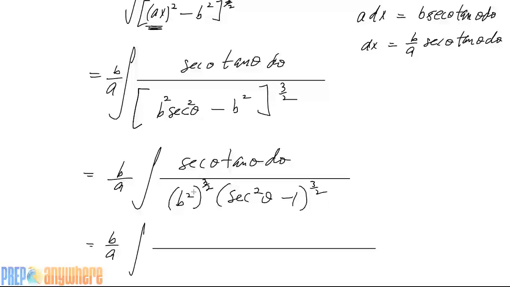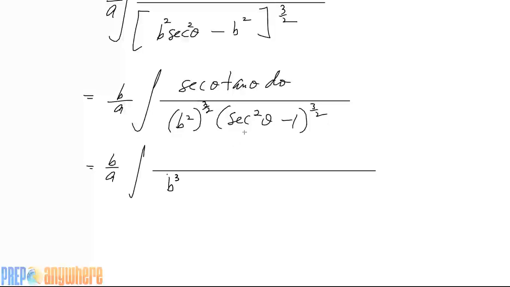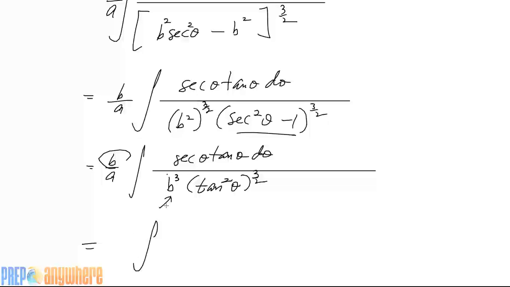Now that right there, b squared to the power of 3 over 2, is going to be b cubed. And then this right here is a tangent squared theta, so you raise that to the power of 3 over 2. So this b and this b cubed will cancel, reducing to give you b squared at the bottom.